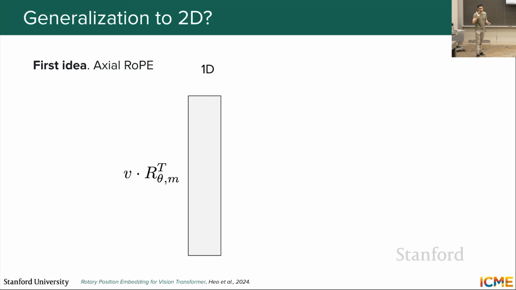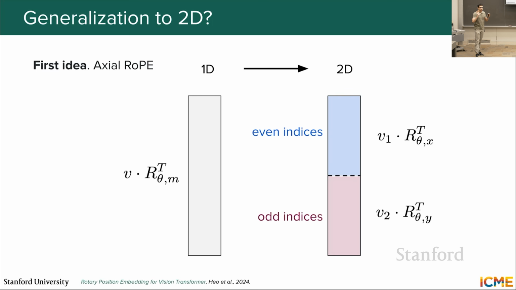So the first idea, which is of a similar flavor to what the original DiT paper used, is to segregate axes such that you represent vectors with respect to their coordinates in the 2D space. You do the x-axis in some part of the vector and the y-axis at some other part.